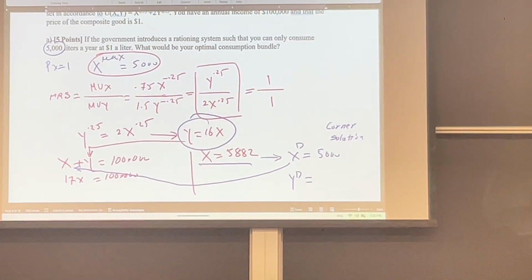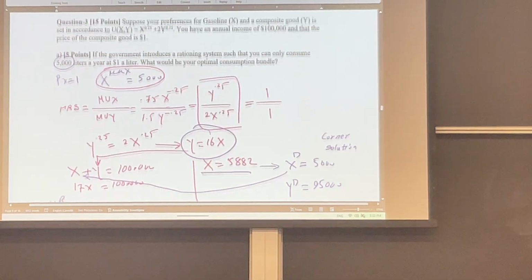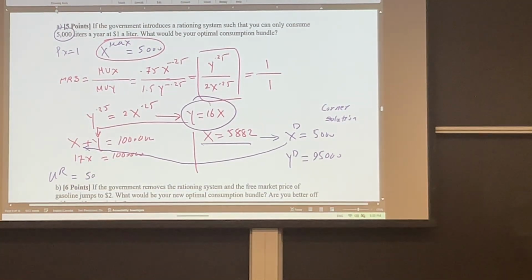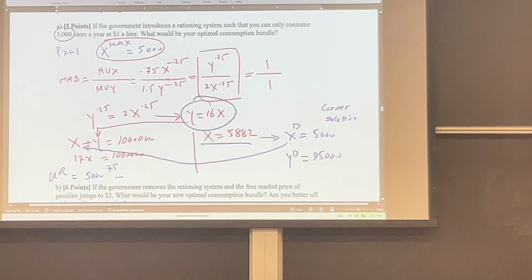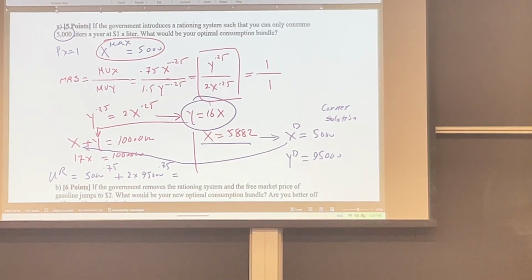That would be 95,000. Is it? Yes. So now we can get utility of rationing, which should be, let me put the numbers in the utility function. That's the utility function, which is 5,000 to the power of 0.75 plus 2 times 95,000 to the power of 0.75. What would be that? How much do you get? What's the utility of rationing?